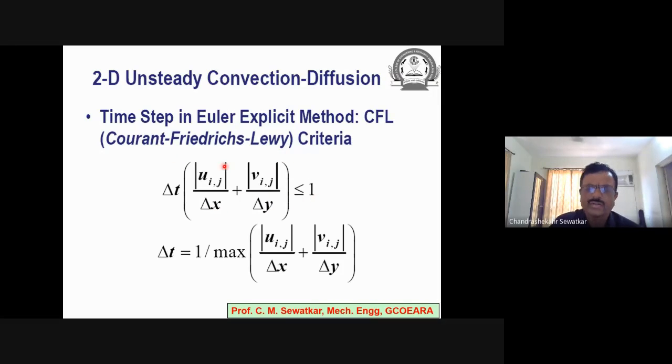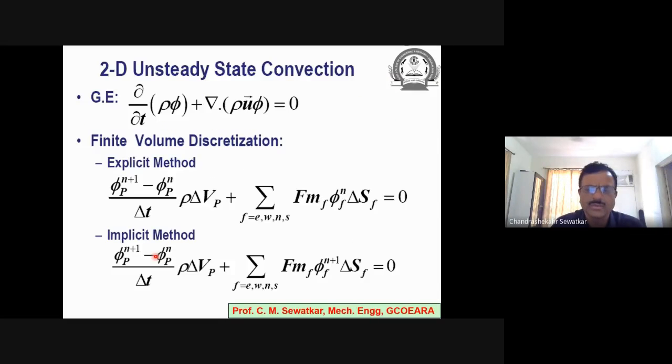If this is followed, then only my solution will converge. Else my solution will diverge if I am using an explicit method. We have already seen the advantages and disadvantages of explicit and implicit methods, so I need not go through that again. From this equation, I can always calculate delta t, and I can make use of that delta t in this expression to obtain the new value of phi p.